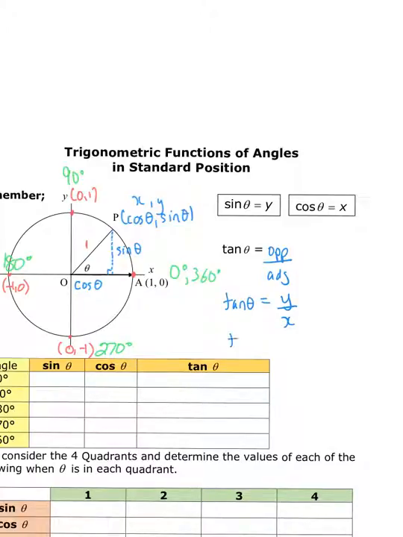And we know that our y value for that angle is sine of that angle, and our x value is cos of that angle. So we now see that tangent of our angle is equal to the sine of our angle divided by cosine of our angle. However, there is a restriction because there is a denominator. Our denominator cannot equal 0, so here cos θ cannot equal 0.